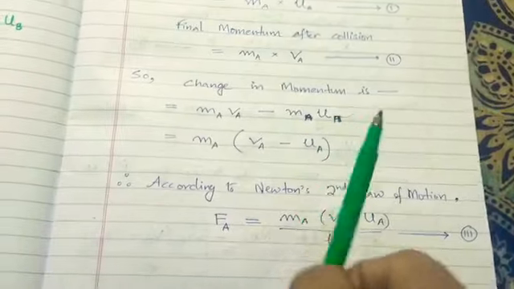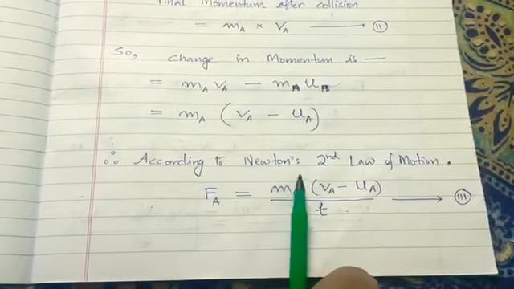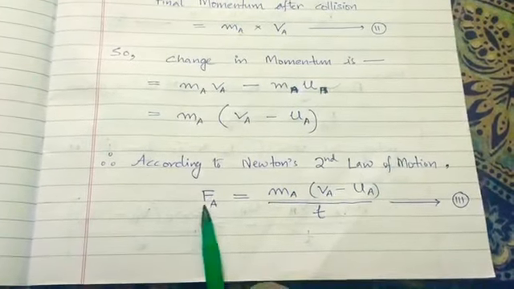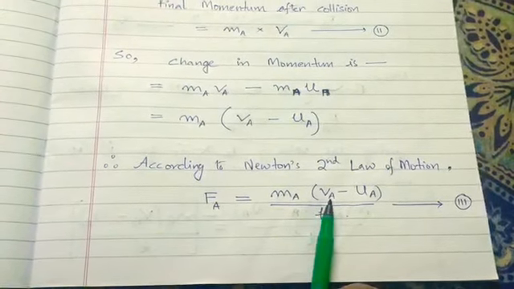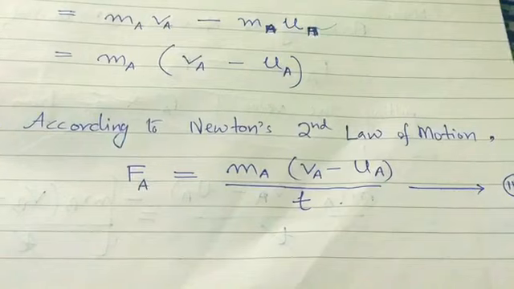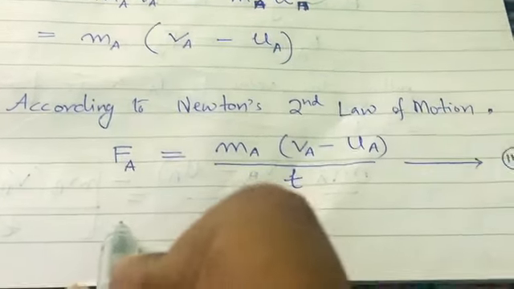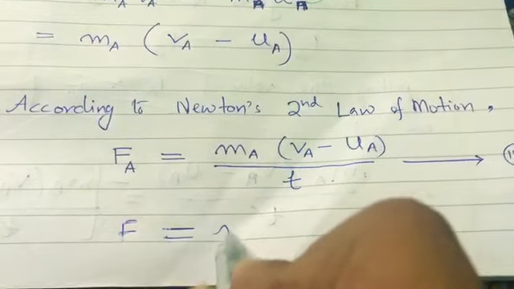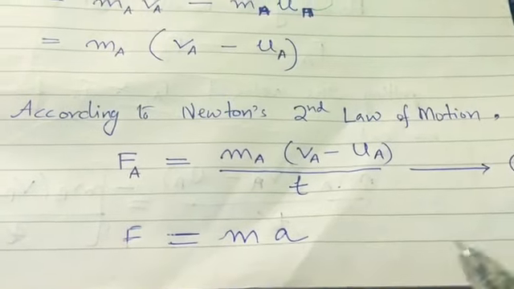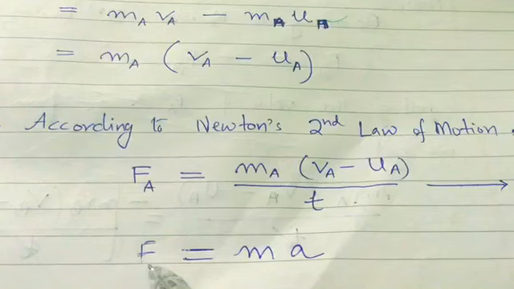Clear? Now according to Newton's second law of motion, you see fa equal to ma was there, isn't it? So Newton's second law mane f equal to ma asile, f mane force, isn't it?